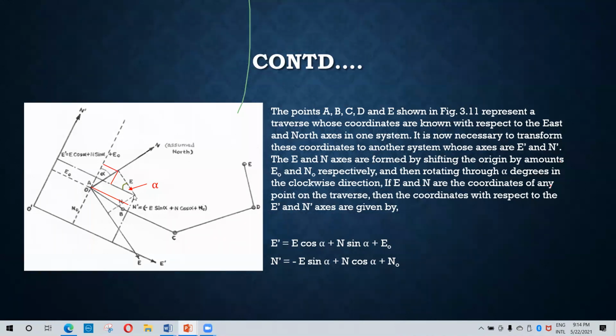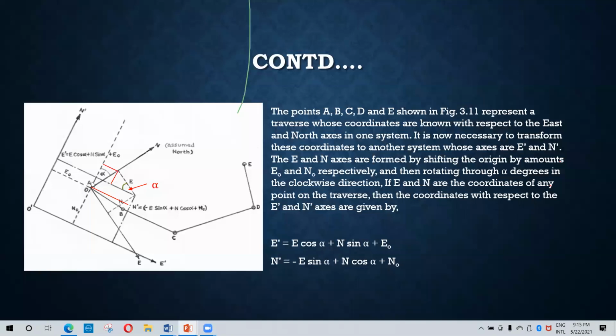Similarly, you need to find N dash, that is the height to this point from the O dash E dash line. You already know the height from the O dash E dash line to A, which is N naught. Now you only need to find the small part here. To find that, you only need to get this height.